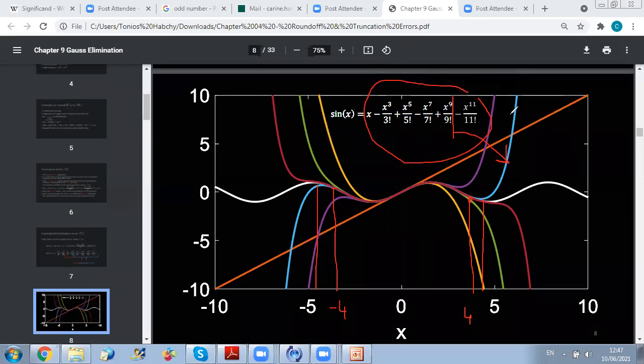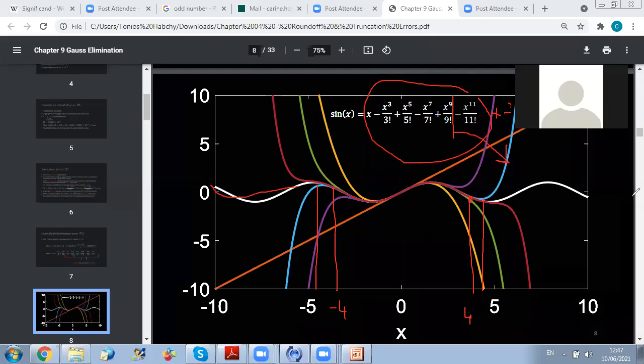Of course, I can be more accurate if I continue, plus x to the power 13 over 13 factorial, etc. The higher the number, if I take a very high number, I can end up with a good match for a very large interval. I can end up with nearly the same function, but I need a very large number of terms to take into account.